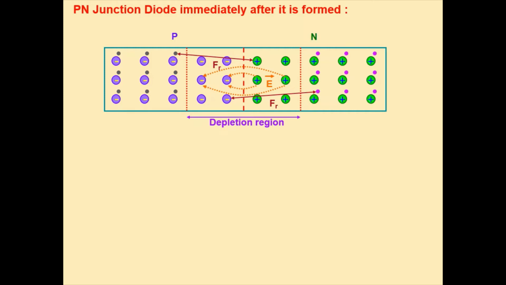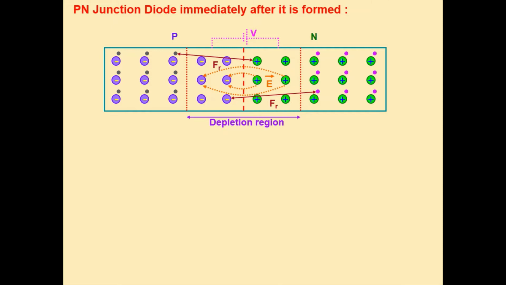Because of these immobile ions, an electric field is set up across the junction. The electric field has the direction from positive to negative, as shown in this diagram. We can understand this by assuming that some fictitious battery is connected across the junction.